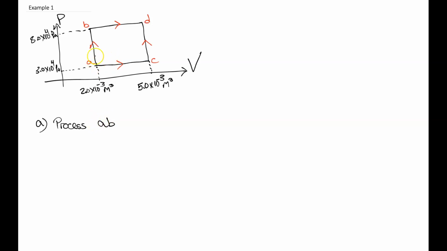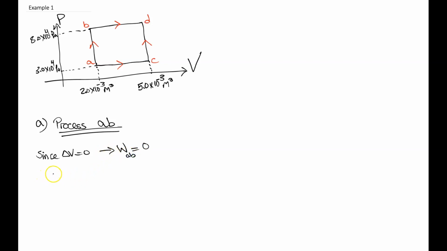You notice that from A to B there's no change in volume. So since delta V equals 0 for this process, the work is 0 for the process AB.